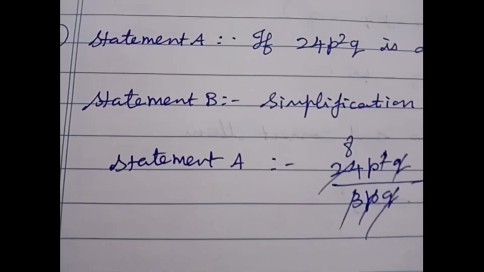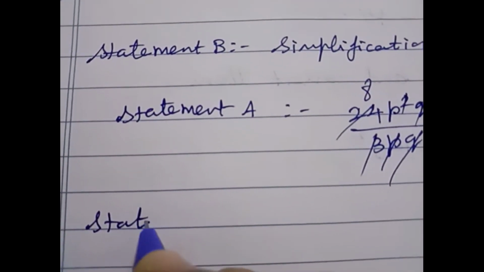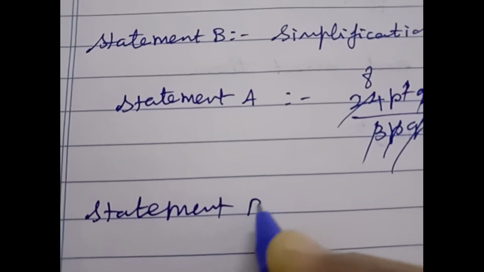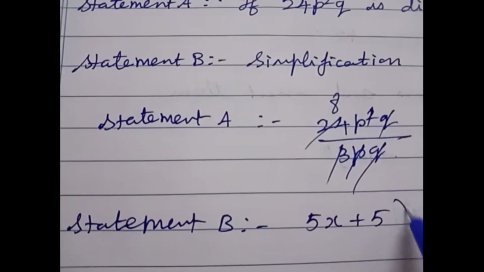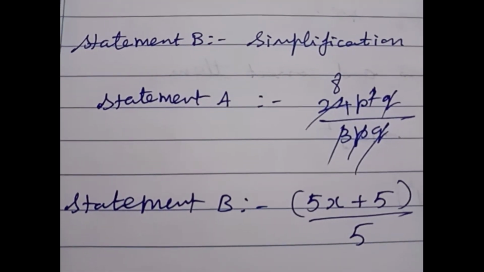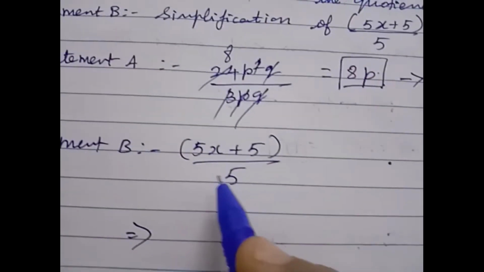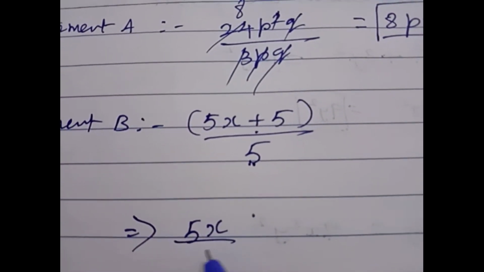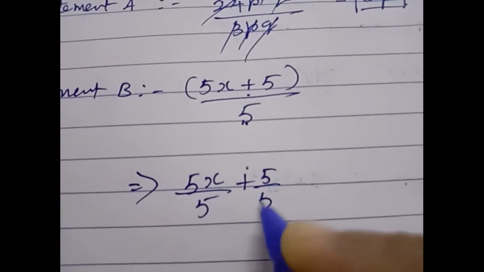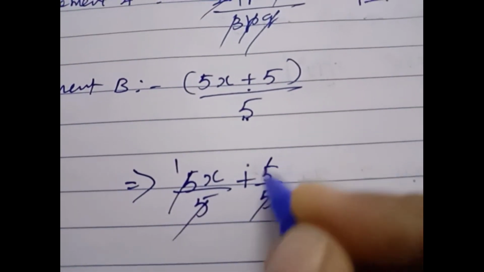Then statement B: 5x plus 5 by 5. So if you see here, divided by 5 means each term you have to divide by 5. 5x by 5 plus 5 by 5. Cancel one time. Here 1.